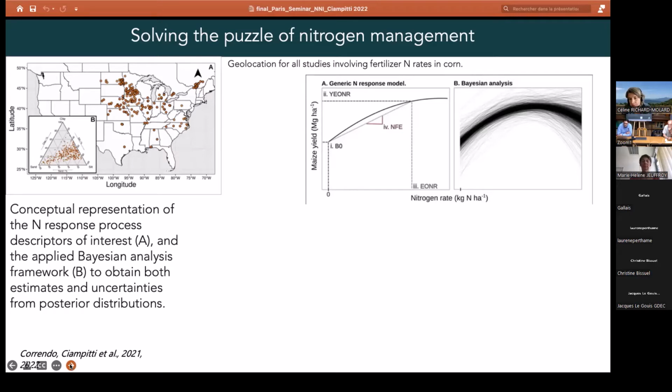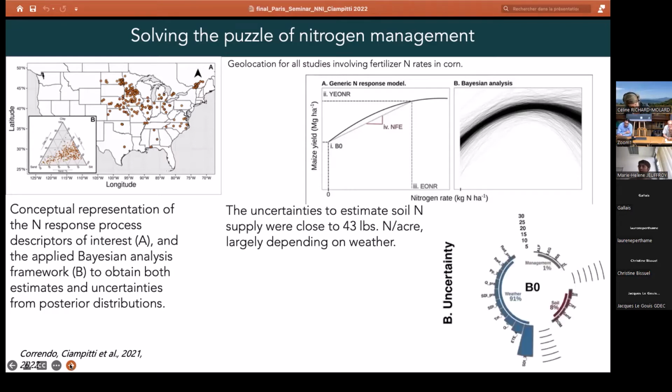In fact, if you look at all the years and all the variability across the years, there is no single model in many situations. There are many, many models, and we need to define the probabilities that one model will occur under different weather scenarios. That's exactly why we cannot solve the nitrogen problem: we have a large uncertainty.